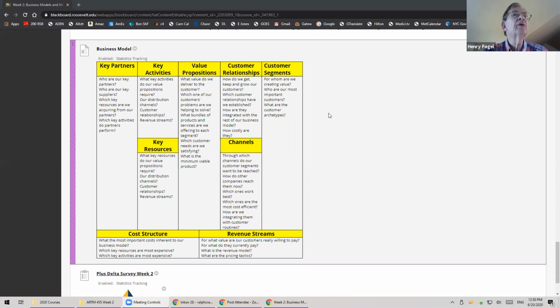I also think you have this question that comes into, for whom are we creating value? Who are our most important customers? Are all customers equal? Or are the customers who are also the biggest donors more valuable? And this is not a simple question, and we're not going to answer it. I think our role is to point out that it's a question that you have to look at.